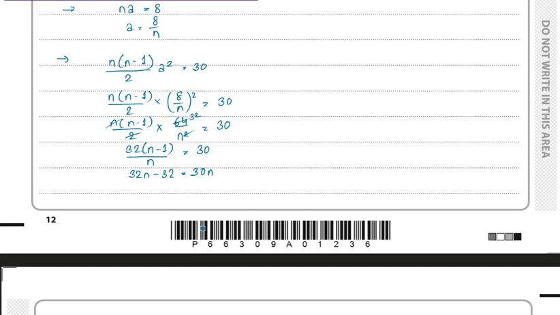And if I bring 30n to the left hand side, this would be 32n minus 30n is equal to, if I bring minus 32 to the right hand side, this would become positive 32. So this would be 2n is equal to 32. So n is equal to 16.